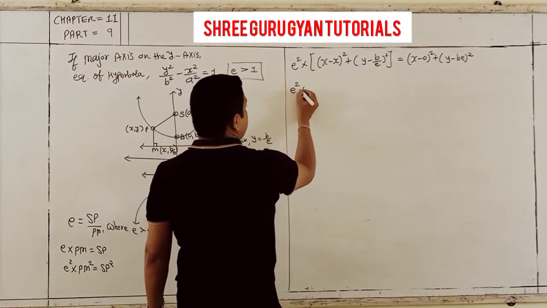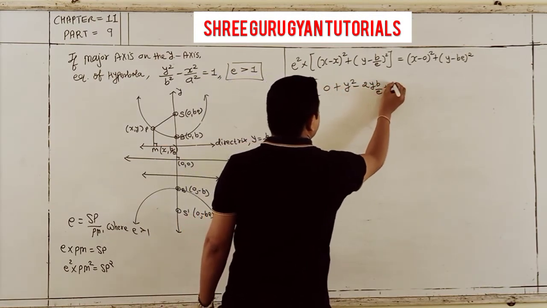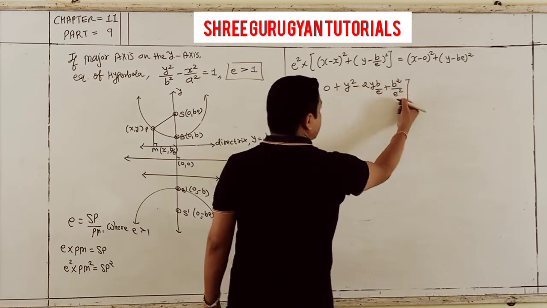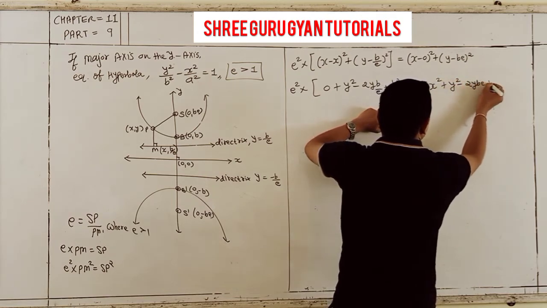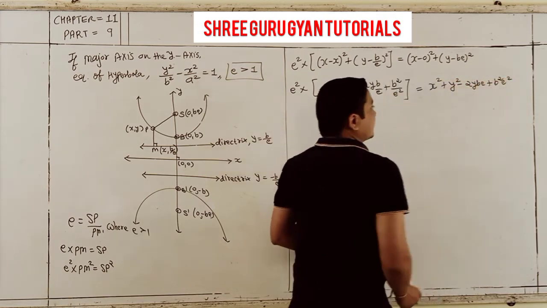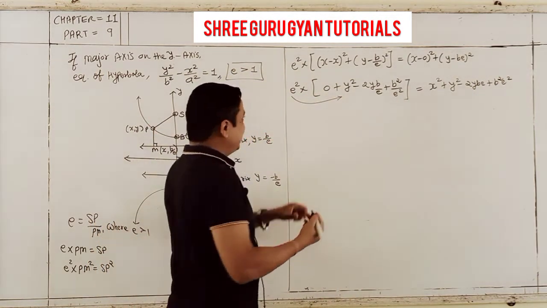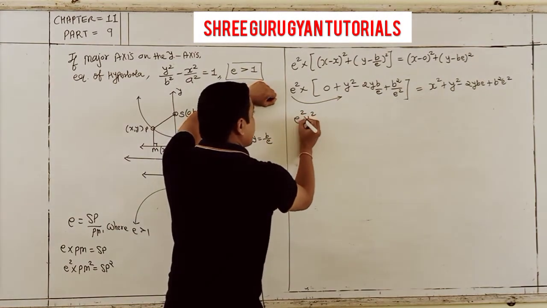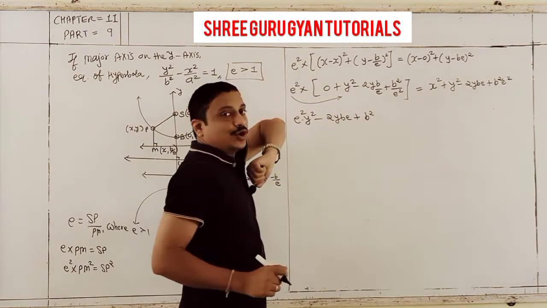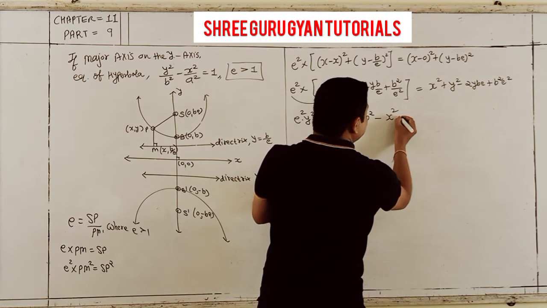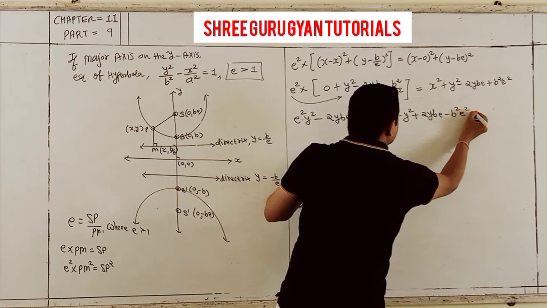So e square times y square minus 2yb by e plus b square by e square, and similarly x square plus y square minus 2yb plus b square. Now multiply inside: e square y square minus 2yb plus b square, e square is square 1, and move to the right side, minus b square, 2yb minus b square is equal to 0.